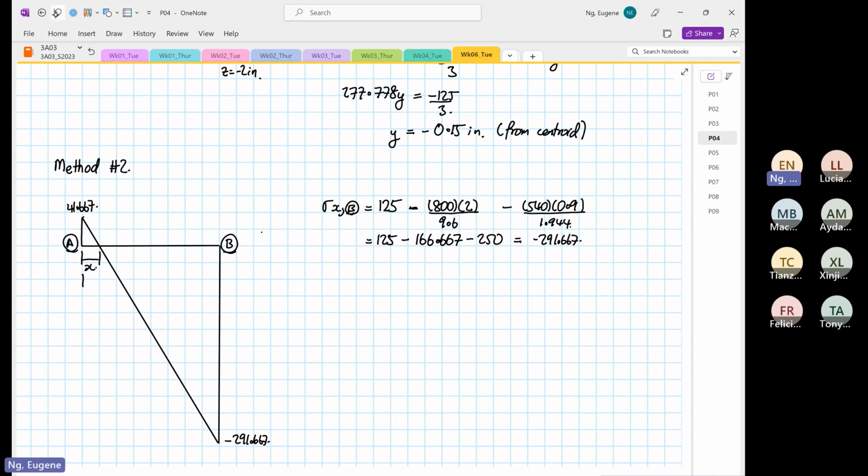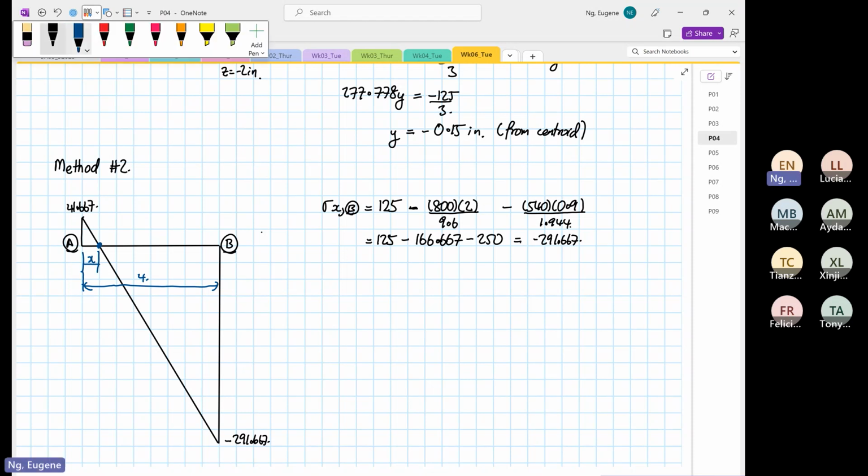Let me use a different color, I do apologize. So we are aware that this is X. X is where it intersects, or where the normal stress is equal to 0. And we also know that the distance from here to here is 4 inch.